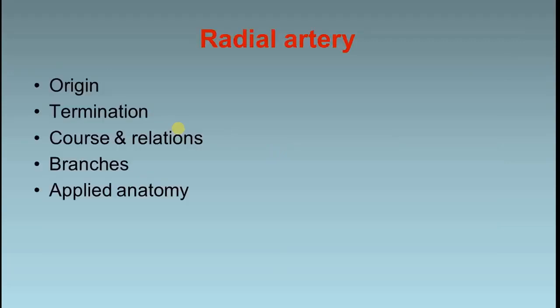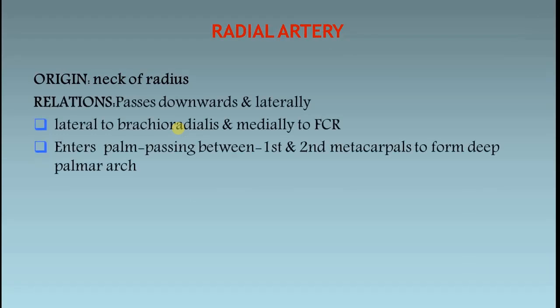So coming to the arteries of the forearm, we are going to discuss the origin, termination, course, relations, branches, and applied anatomy of the radial artery. It originates from the neck of the radius and passes downwards and laterally.